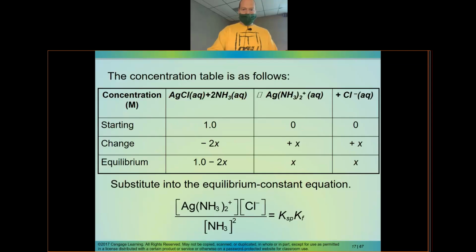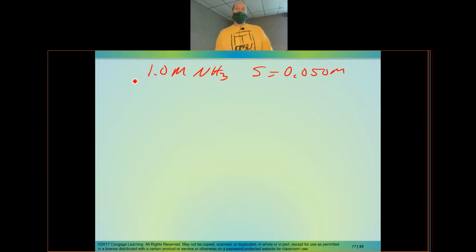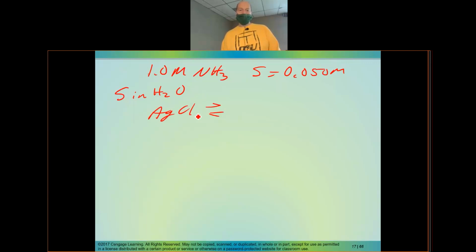All right, so now we see that when we had our 1 molar NH3, the solubility was 0.050 molar. Now I want to know the solubility of my AgCl in water and see what happened to my solubility when I changed from water to NH3.